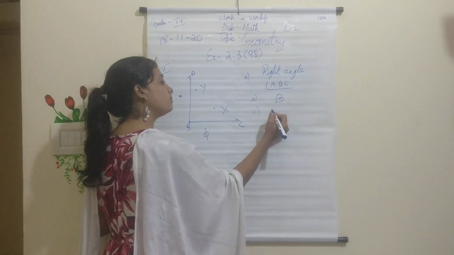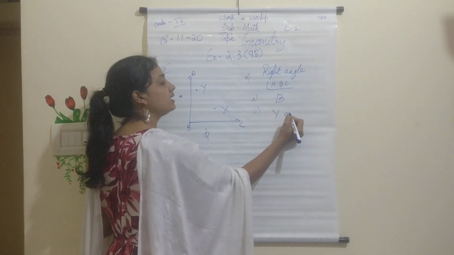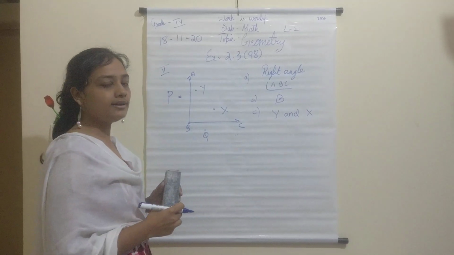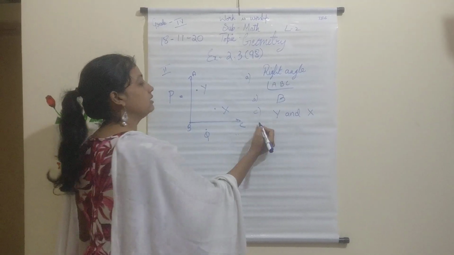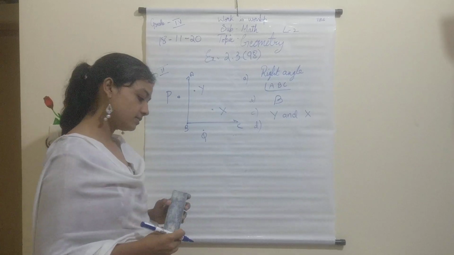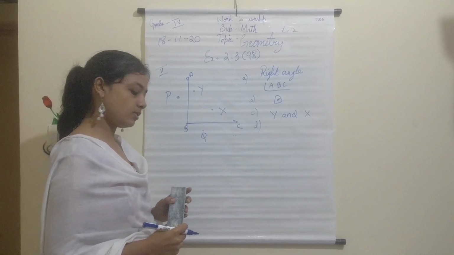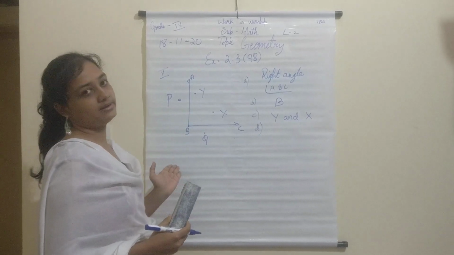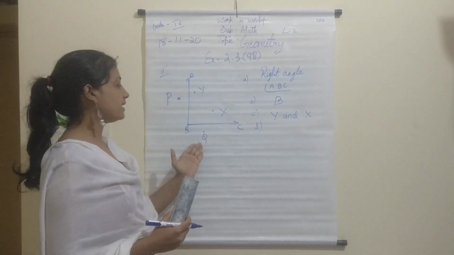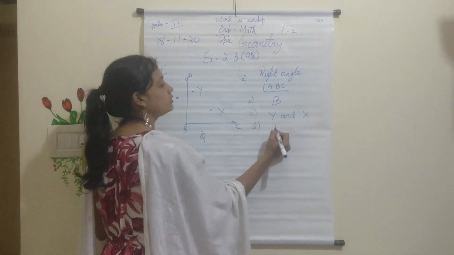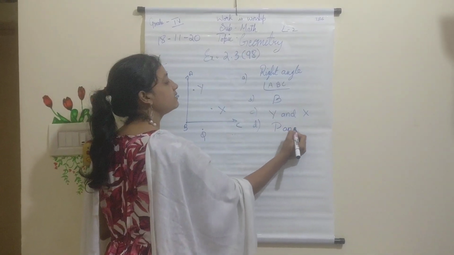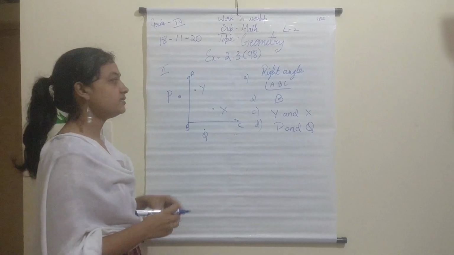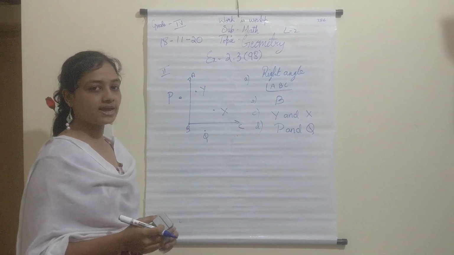That is point Y and point X. These are interior points. The D question is, name the exterior points of the angle. Which are the points which are outside the angle? That is P and Q. So you should write P and Q. So we have finished answering the four questions for second main.